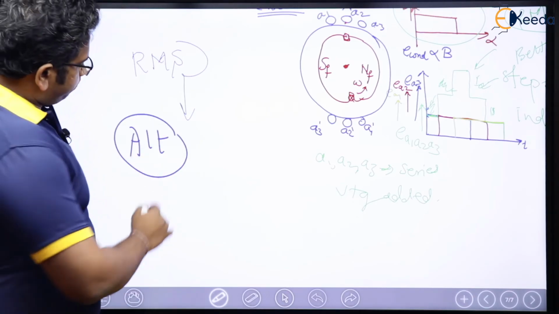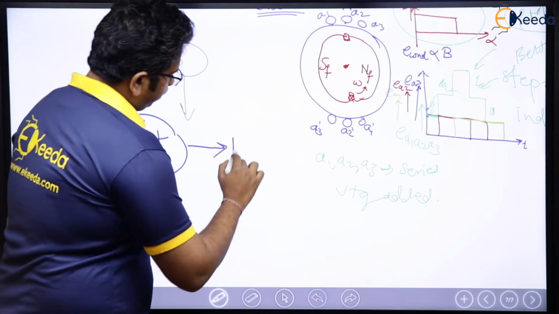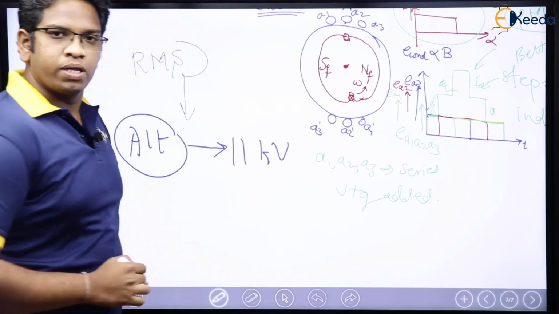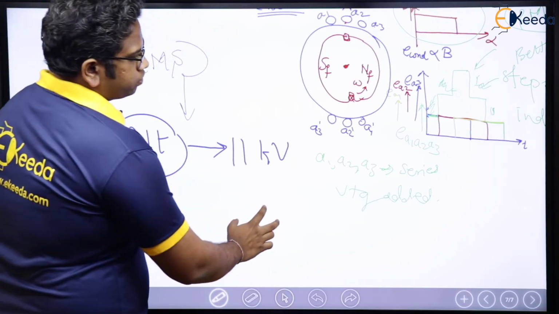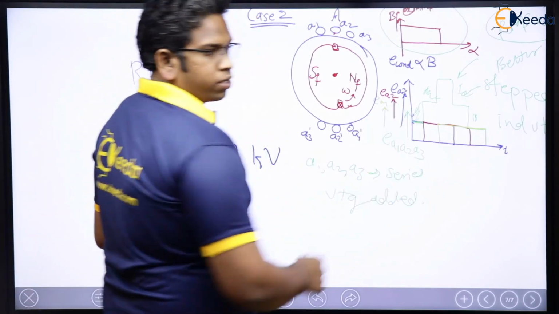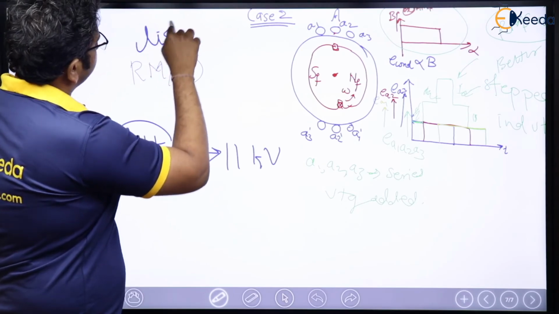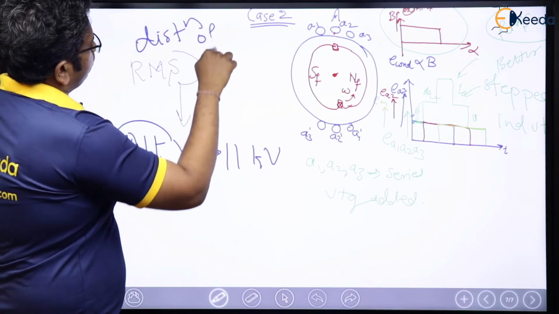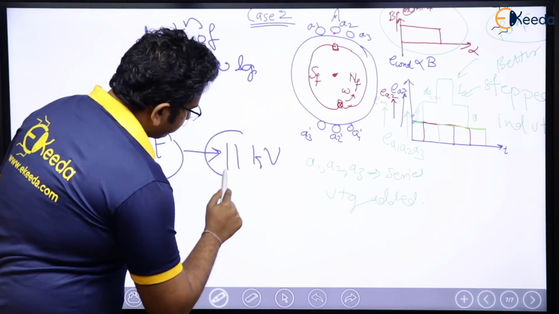Right now, this alternator is supposed to supply, let us say, 11 kV. But because of the distribution of winding, I will not get 11 kV.